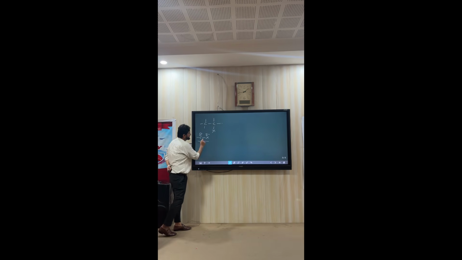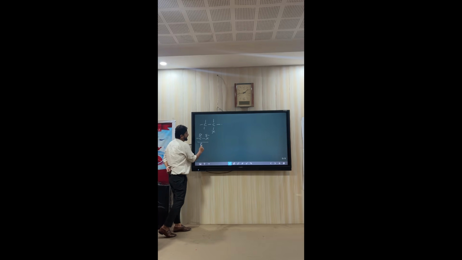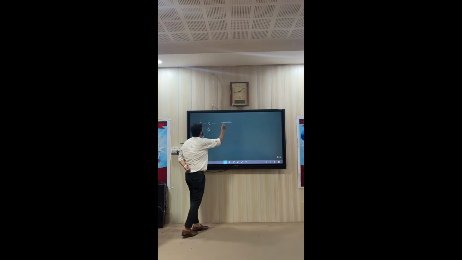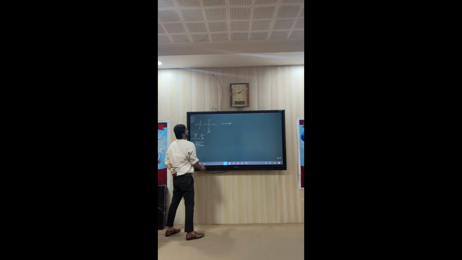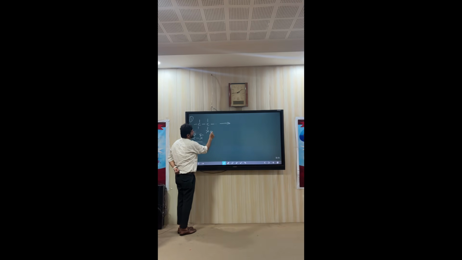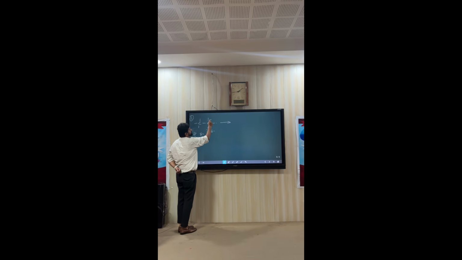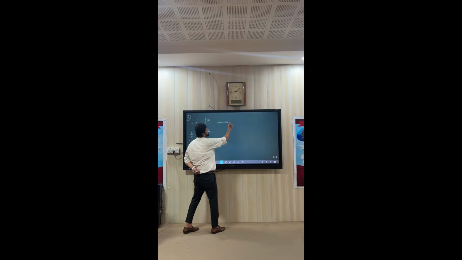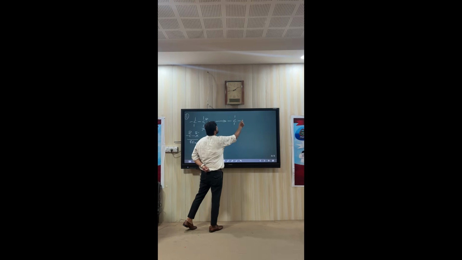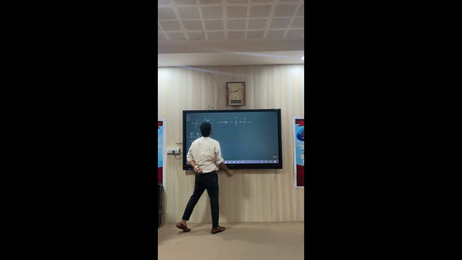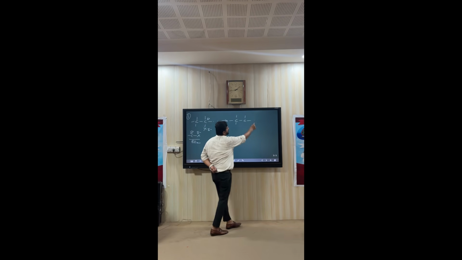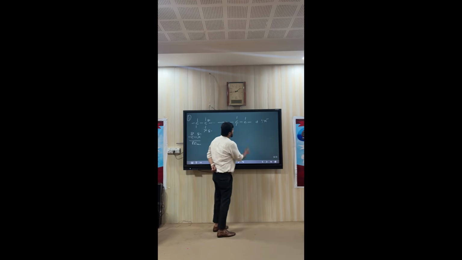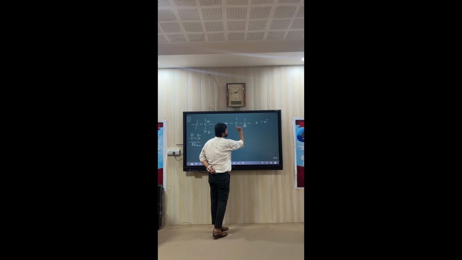As this bond is polar in nature, this elimination occurs. This is step number one, where the halogen carries a partial negative charge and the corresponding carbon carries a partial positive charge. As the halogen is more electronegative, there is a heterolytic cleavage. The halogen comes out with its electron as a halide ion, and this carbon carries a positive charge.